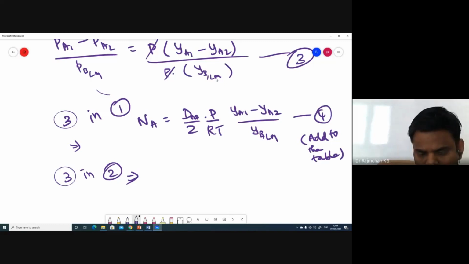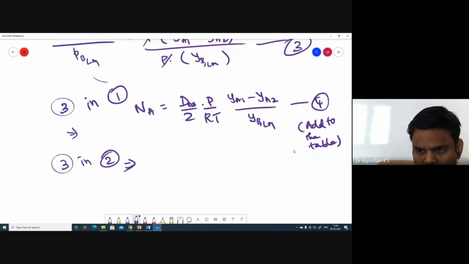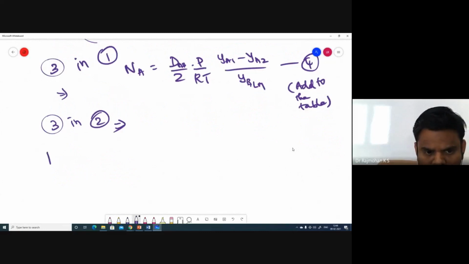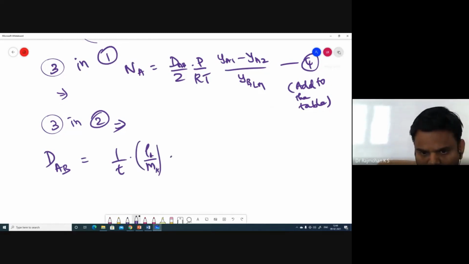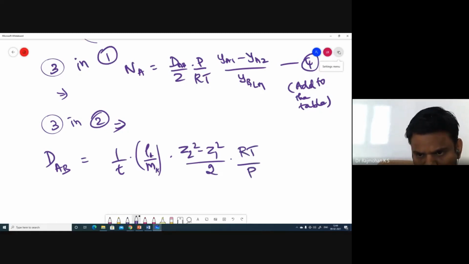Similarly here, substituting 3, we get our expression: DAB equal to 1 by t, rho by M, into Z2 square minus Z1 square by 2, into RT by P, into, this we are going to have in reverse, right?